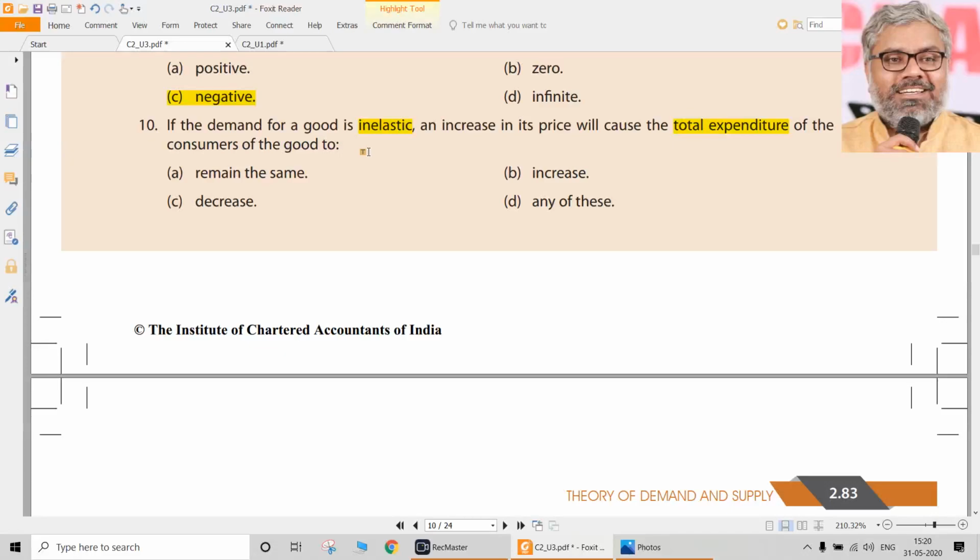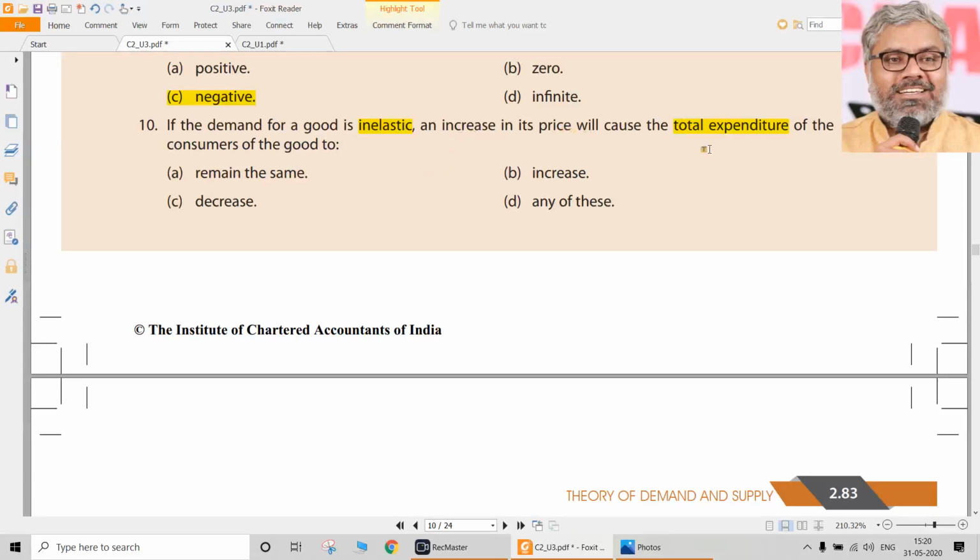Inelastic means less than 1. The demand is inelastic means price elasticity of demand is less than 1. Not more than 1, not equal to 1. It is less than 1. If it is less than 1, then what happens to the total expenditure of the consumers, he is asking. So an increase in the price is not going to have a huge impact on the demand. It is going to have a little bit of impact, but not a huge impact.